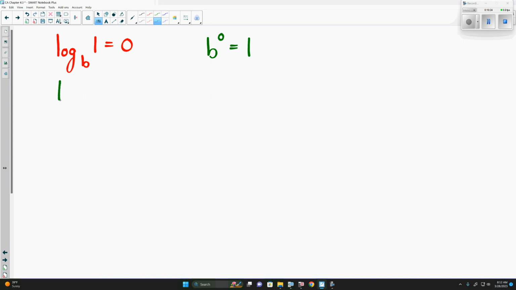The next one we have, log base b of b, is going to equal 1. Whenever the base and what's inside the logarithm are the same, it equals 1. And the reason for this is that we have really b to the 1 is equal to b.